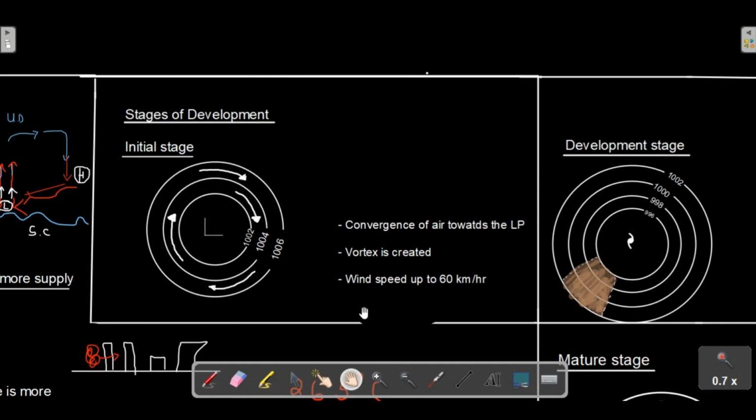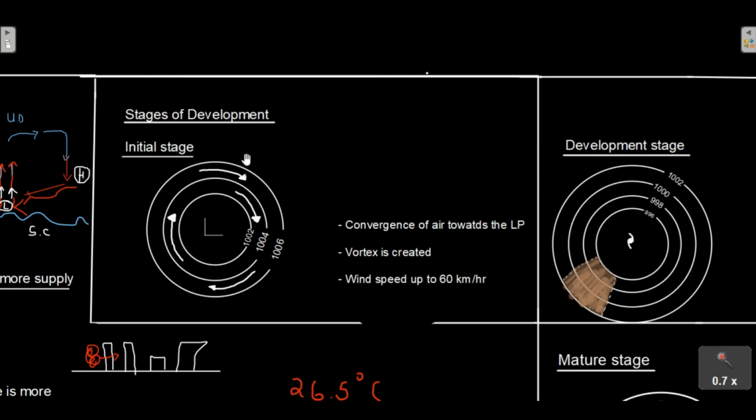Again, guys, you don't have to remember everything. Just use one or two clues to identify a stage, because they can just provide you with a drawing and ask you to identify the stage, and then ask you to explain your answer. Why would you say this is an initial stage?